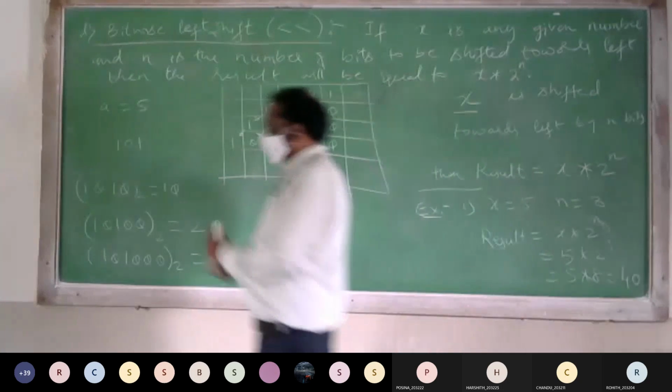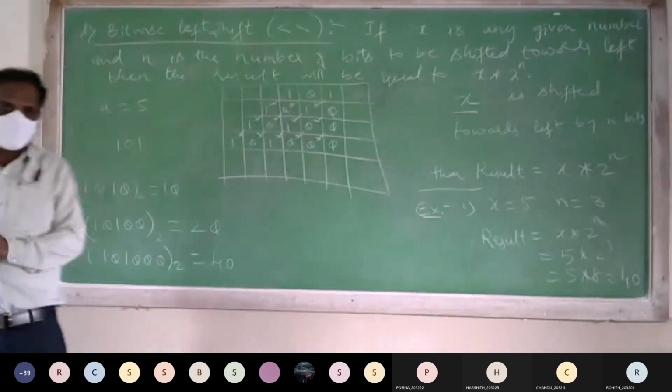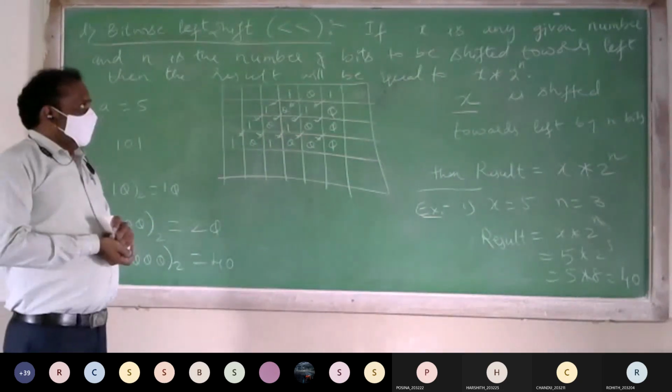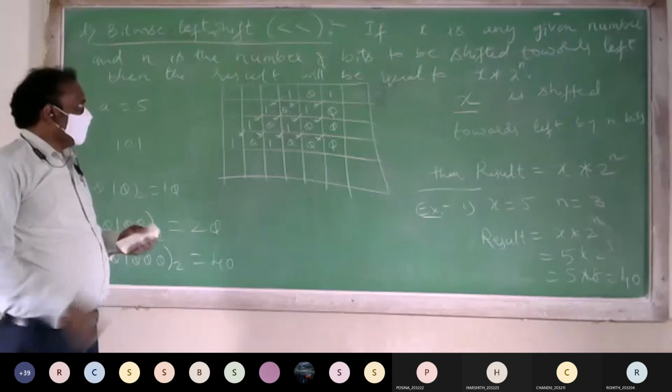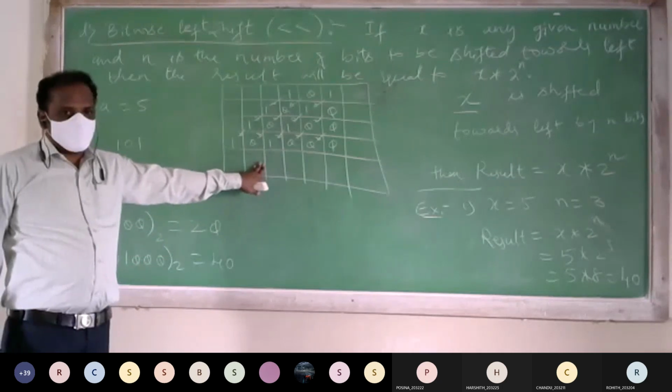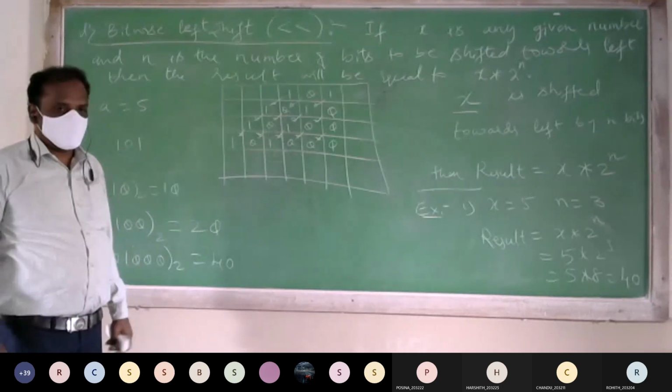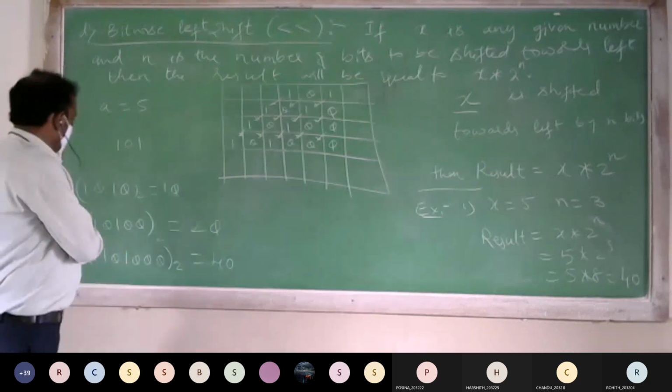So this is the definition for bitwise left shift. So either you can use this memory diagram approach or you can directly use the formula.